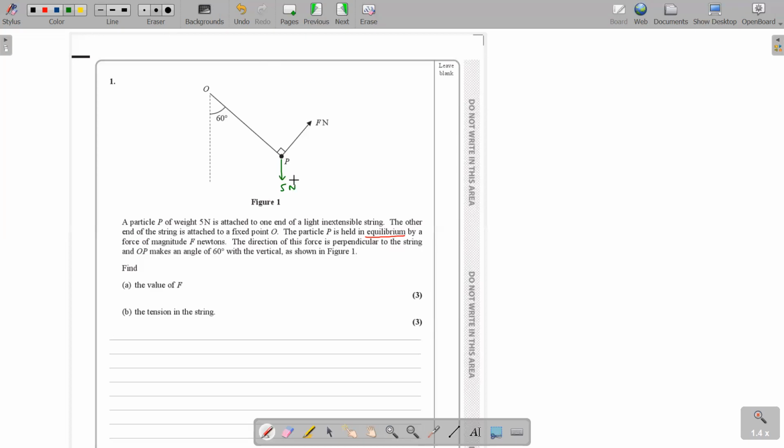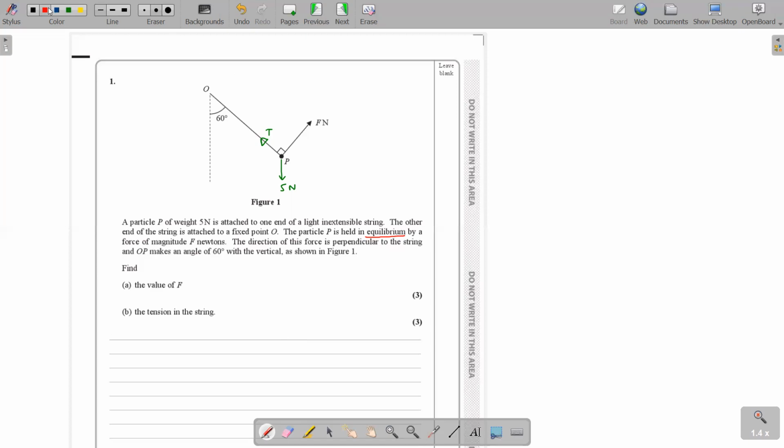What other forces are acting on the particle? It is attached to a light inextensible string, which means you have tension. The tension is a pulling force. There is an equal opposite tension at the wall, so we don't need that. So all our forces are done, right? These are all the forces acting on our particle.